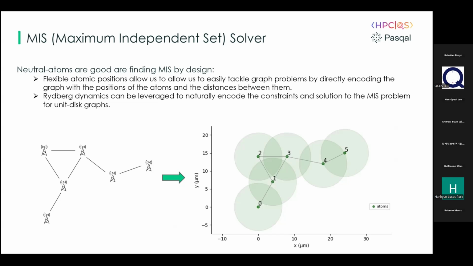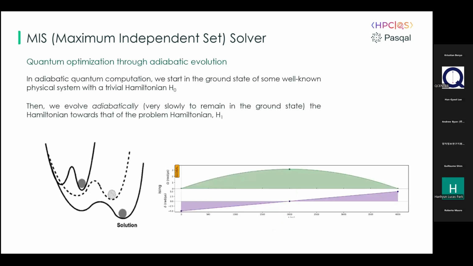So whenever you have edges between the nodes, this implies that with a well-designed experiment, this laser-based interaction can instill an independent set selection for a problem.